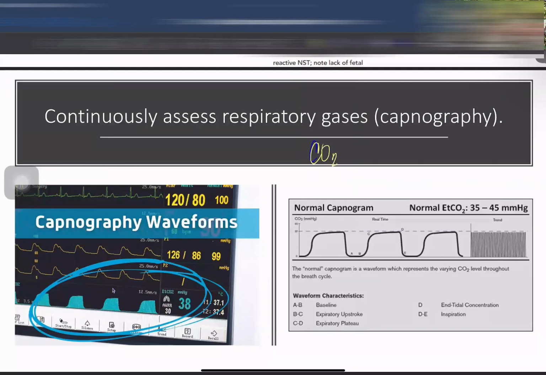Because the partial pressure of carbon dioxide in our body should only range from 35 to 45 millimeters of mercury. If the carbon dioxide, class, would be higher than that, meaning my patient is experiencing a problem. Lower than that, my patient also experiences a problem.